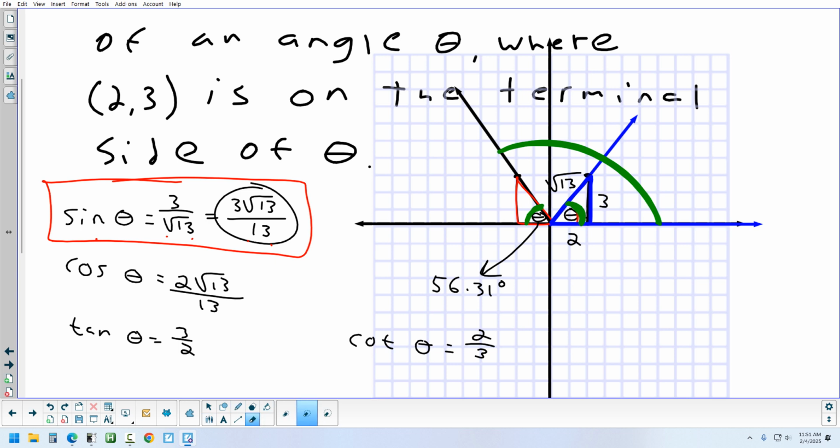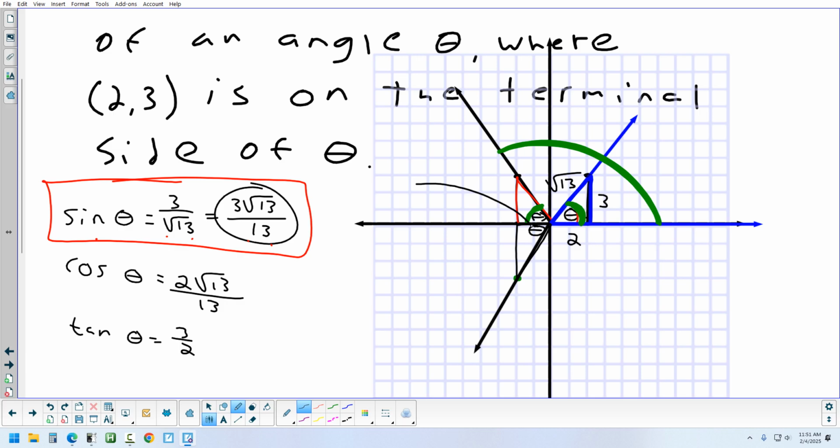All right. Now let's keep going and let's try it for quadrant 3. Let's say I said that the point -2, -3 was on the terminal side. -2, -3 is right there. Okay. What shape would we make? A triangle. Yeah. So draw your angle. Make your triangle. That triangle in black is exactly the same as the red and the blue one. That is your reference angle right there.